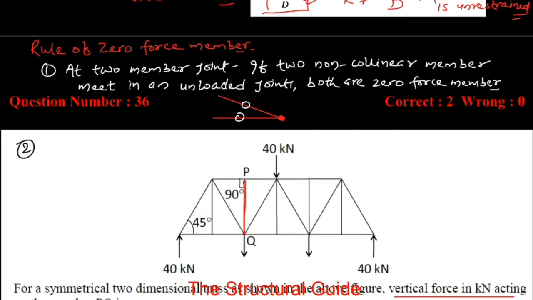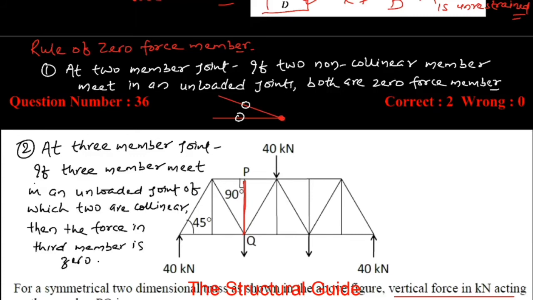Rule number 2 is for a 3-member joint. The second rule says if 3 members meet in an unloaded joint of which 2 members are collinear, then the force in the third member is 0.